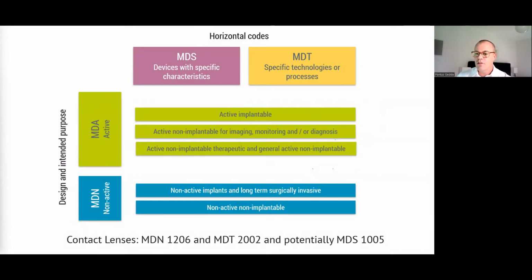So in the case of the contact lenses that had the MDN 1206 code, the devices will also have the MDT code 2002 for devices made out of plastic materials, since that is the normal material used for contact lenses, and potentially MDS 1005 if you deliver them sterile. So if you're delivering contact lenses, these are the codes that apply to those specific devices.